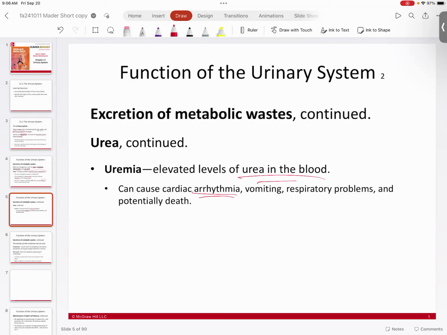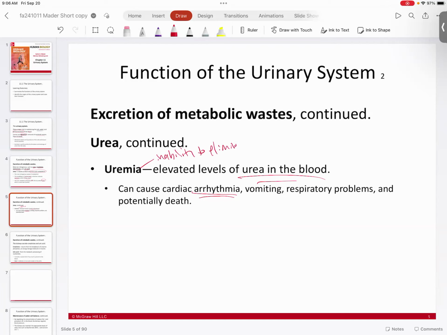Vomiting, for instance, and respiratory problems can occur. Excuse me, these are a list of the symptoms that are caused by uremia, not things that are causing uremia.